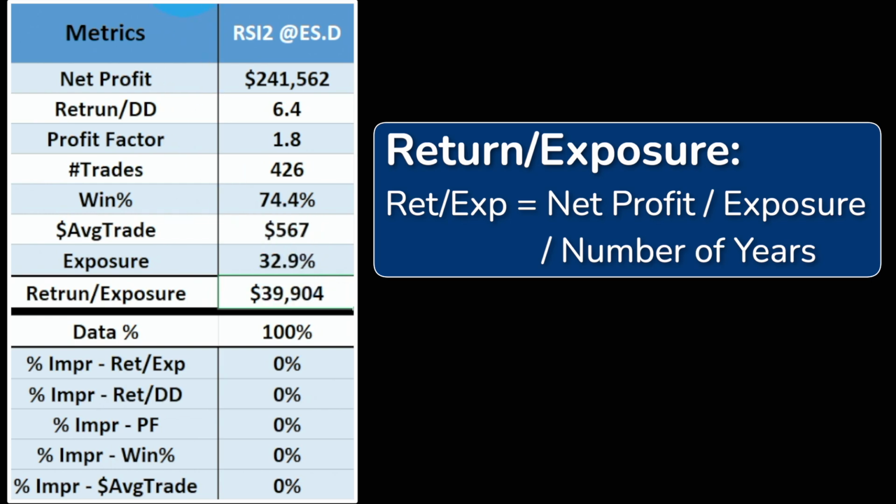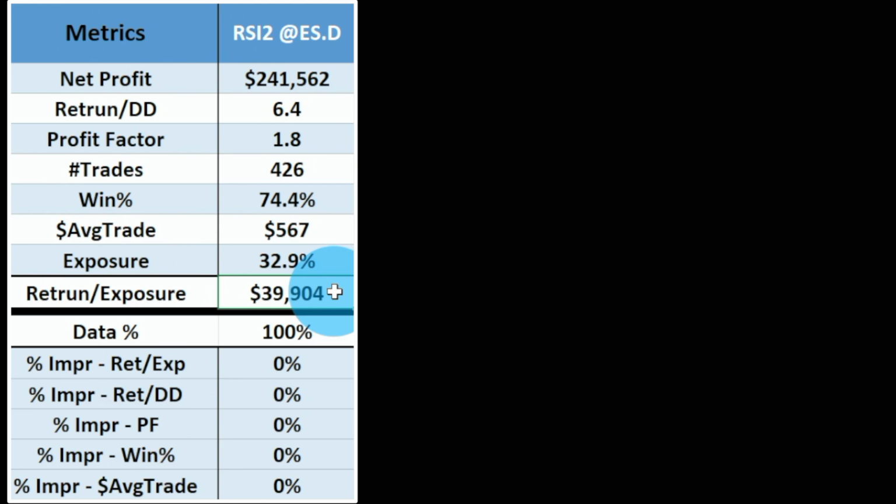So in this case, I have 18.4 years, and that gives me about 39,904. So what this means is if I am invested 100% of the time in the market, this is what I expect at the end of every year. So this way I can easily compare it with different strategies that maybe have fewer trades, and of course they have different exposure and so on and so forth.